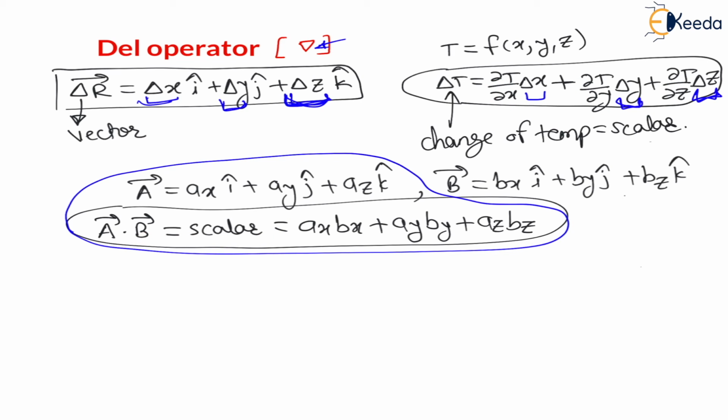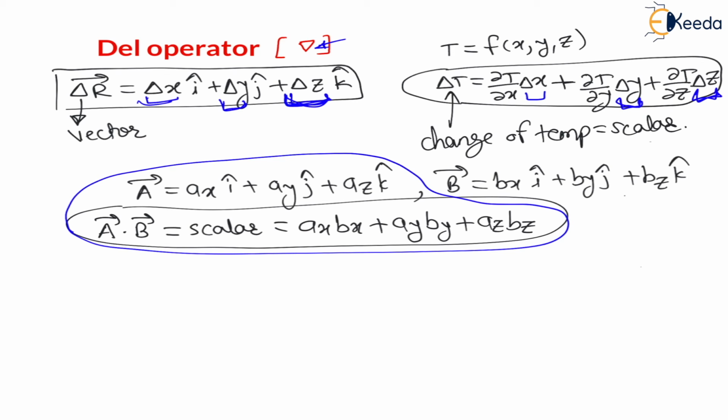For a scalar quantity, it is a summation of multiplication of coefficients. Therefore, since del x, del y, del z are the coefficients of del R, this dou t by dou x, dou t by dou y, dou t by dou z must be the coefficients of another vector, and this vector operator is called the del operator.